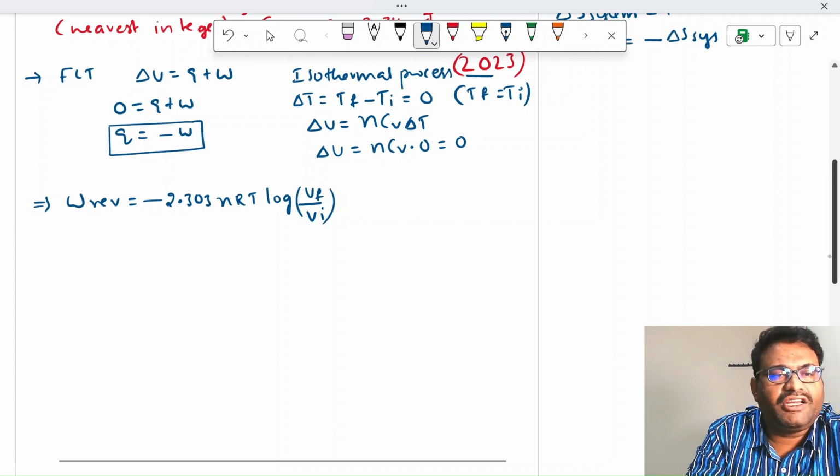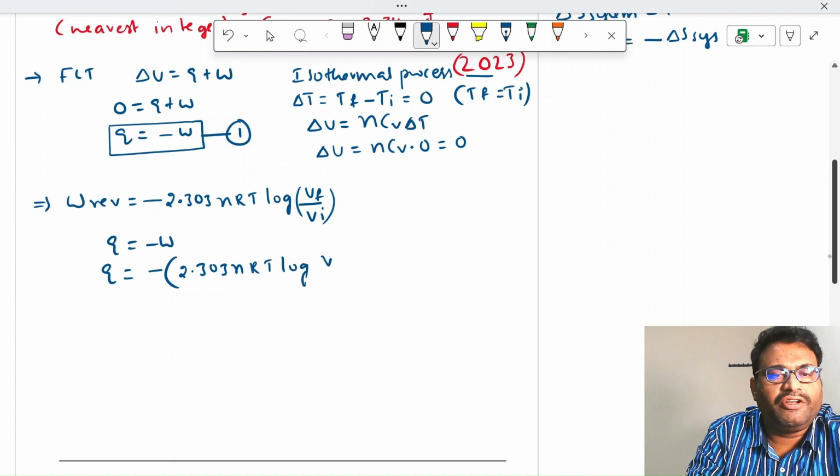Minus into minus gives a plus, so Q reversible is 2.303 nRT log V final by V initial.